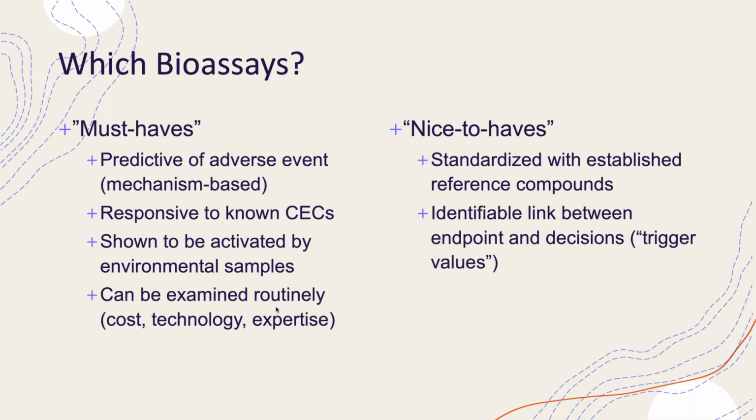And something that I'll address later on is having bioassays that we are able to make decisions with, where we're able to say we have this amount of activity in our bioassay. That means that we have or have not reached a particular trigger value. That means that we have safe or unsafe water. So let's kind of walk through some of these must-haves, and we'll come back to the nice-to-haves later on.